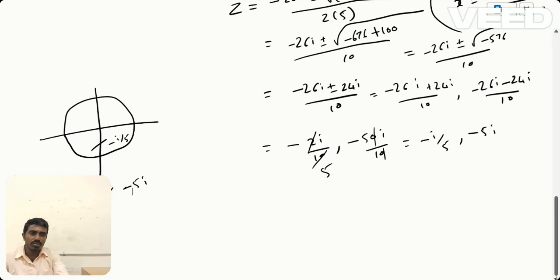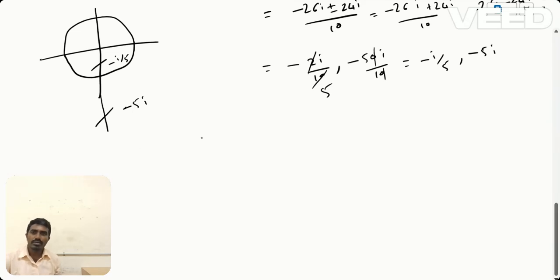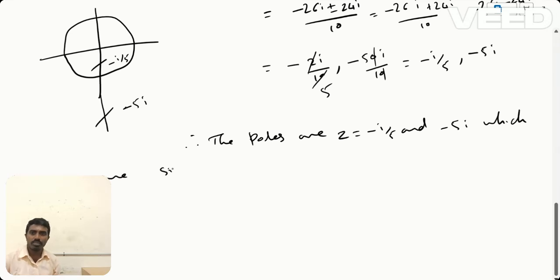We need to find the residue for the poles which are lying inside. So write it once again. Therefore, the poles are z equal to minus i by 5 and minus 5i, which are simple poles. That means poles of order 1.